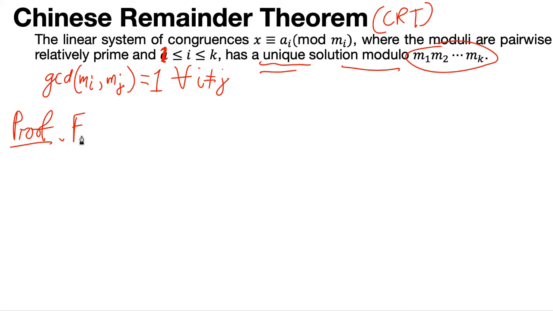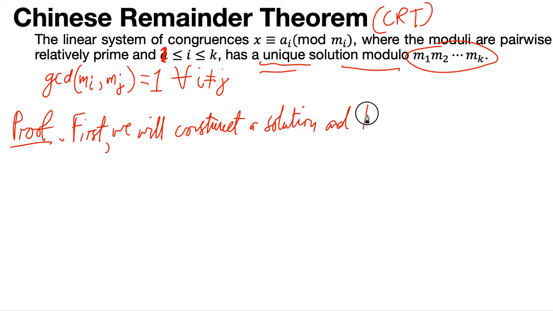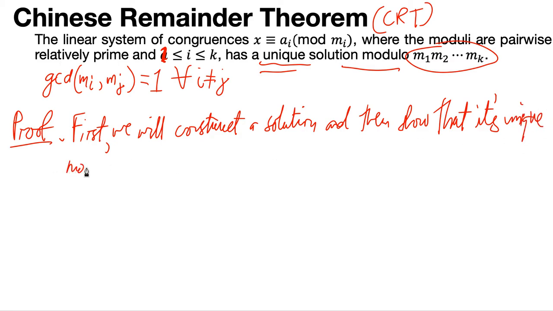First, we will construct a solution, and then show that it is unique modulo m sub 1 times m sub 2 up until m sub k.